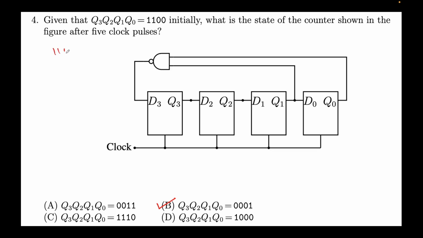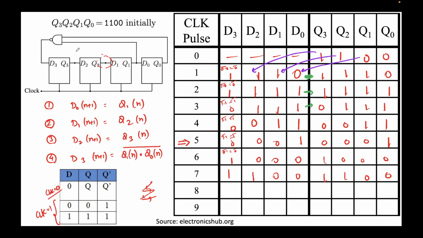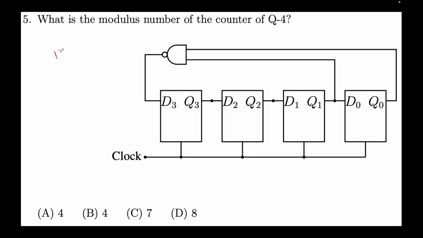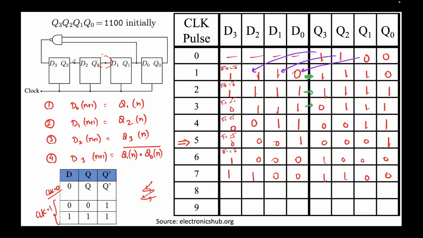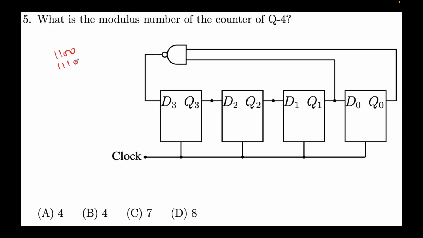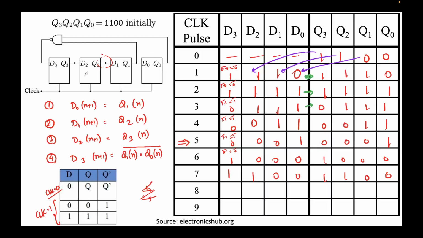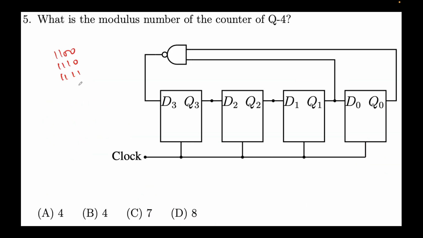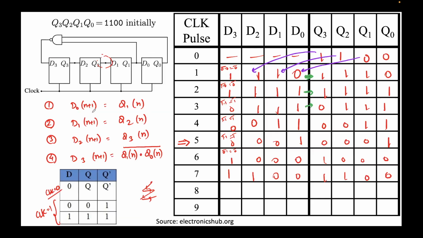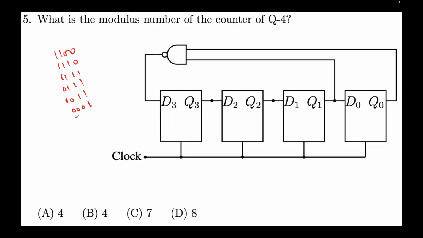We started with 1 1 0 0, then we got 1 1 0 0, then 1 1 1 0, then we got 1 1 1 1, and then 0 started creeping in. So 0 1 1 1, 0 0 1 1, 0 0 0 1, 1 0 0 0, 1 1 0 0.